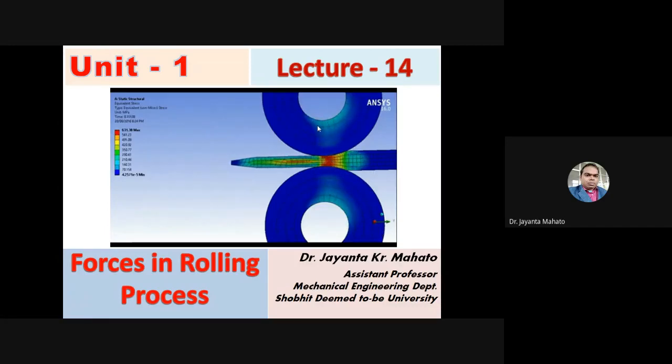Okay. So actually, as a rolling process is a deformation process, obviously there is involvement of force. Before, you have to calculate how much force is required to deform the material by the rolling process to get the thick sheet to thin sheet.